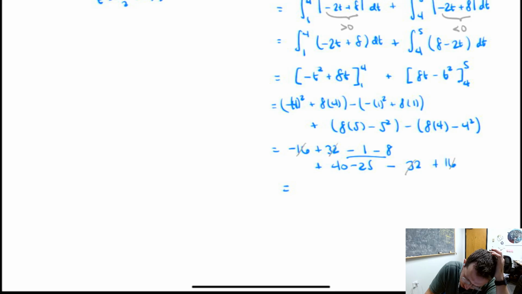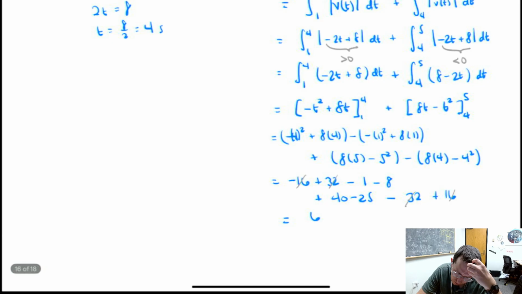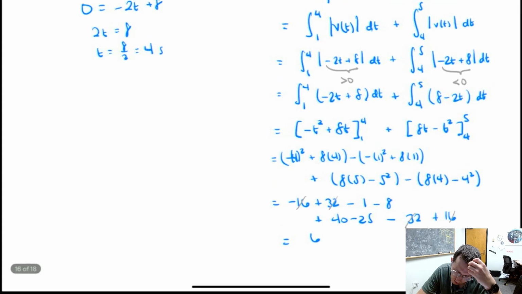Minus 9 plus 15. Yeah, this isn't right. 2t minus 8 on the second integral. Oh, yeah.